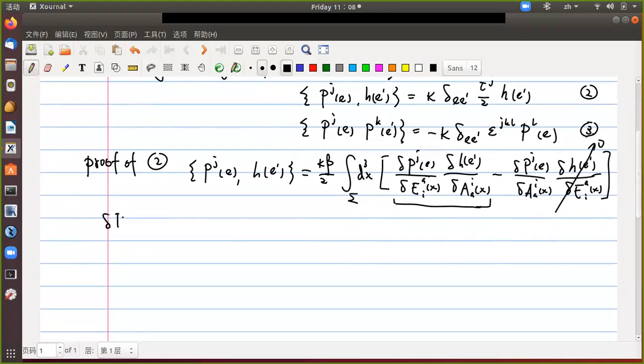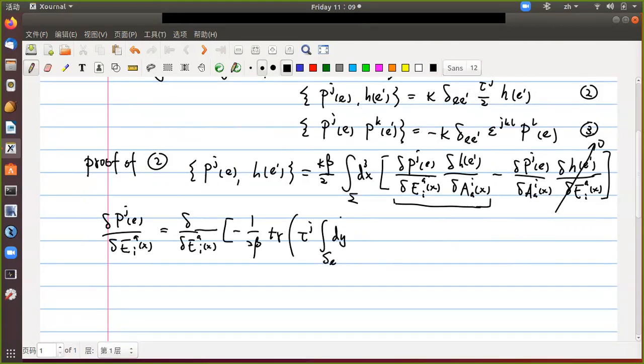So let's first consider the flux derivative with respect to E. This equals, we just copy the formula, minus 2 trace, where I call the coordinate y, of h_e(y) E_k(y) h_e(y) inverse times τ.